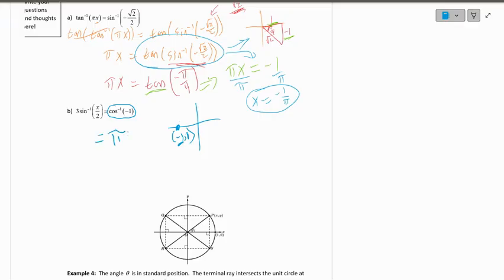I can say inverse cosine of -1 is pi, and then everything on the left side stays the same.